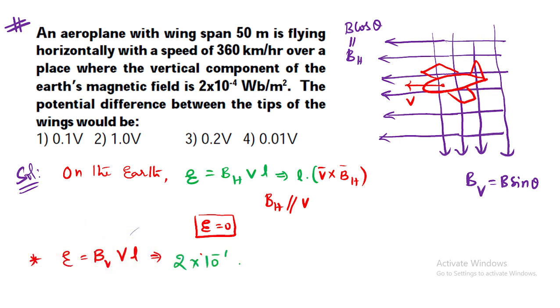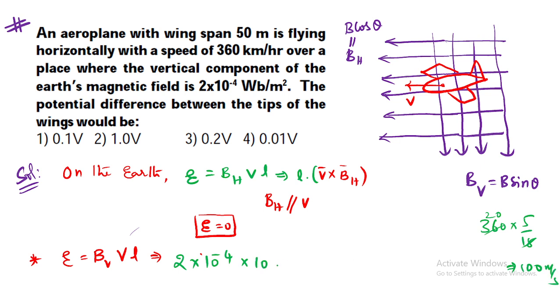Velocity, how much have they given here? 360 kilometers per hour. You convert it, buddy. 360 kilometer per hour, multiply by 5 divided by 18. How much is it? 2 5s, 18 to 20, 20 to 5, 25, how much is it? 100, right? 100 meter per second. It is moving with 100 meter per second.